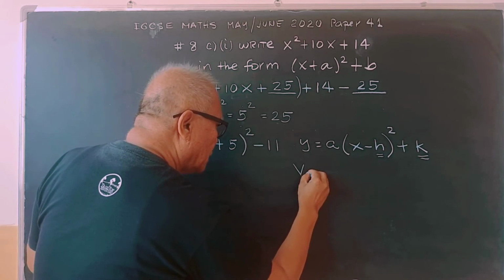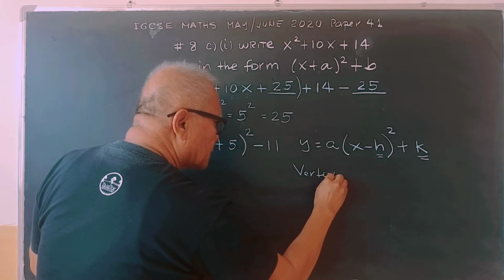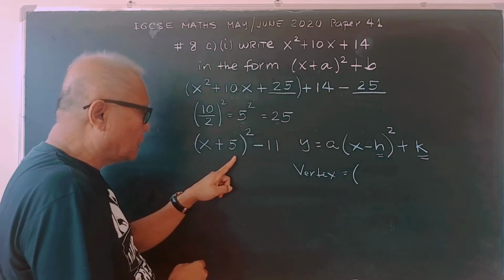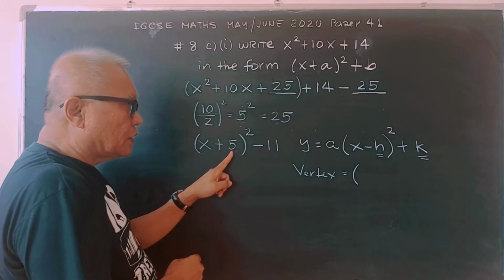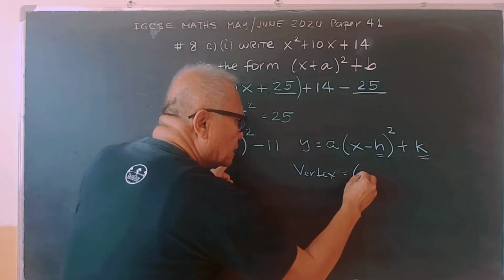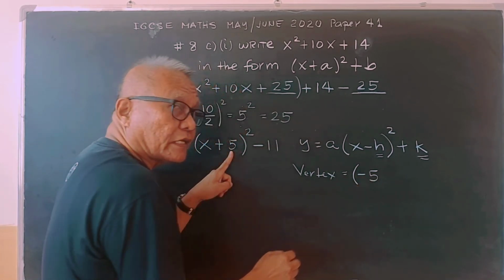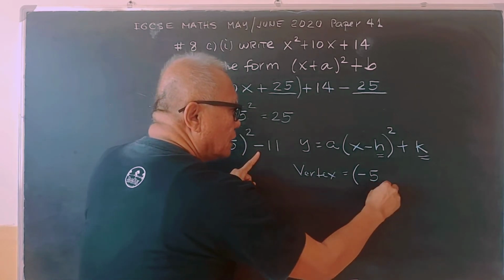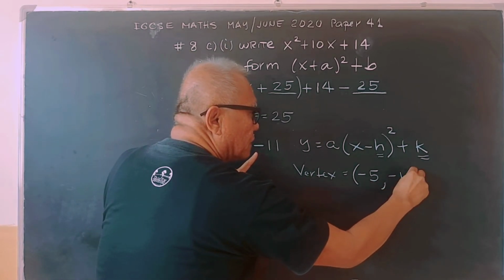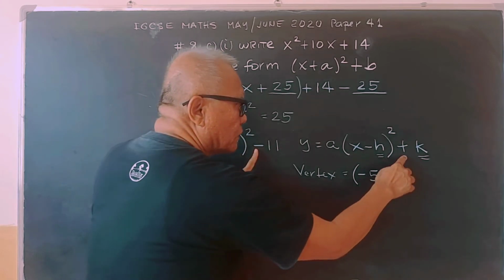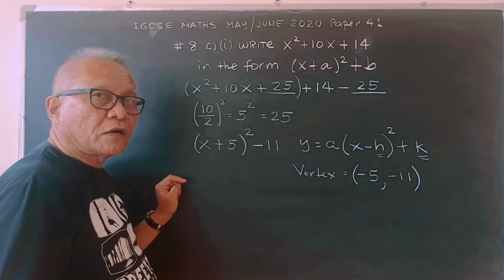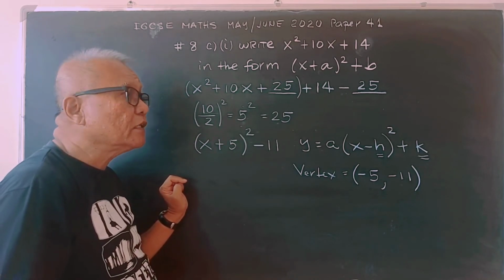So here, this is our vertex, which is also the turning point, and the h here is -5. We change the sign because that is the formula, minus. And then we have -11. Do not change the sign of 11 because that's plus. So this is the coordinates of our turning point.